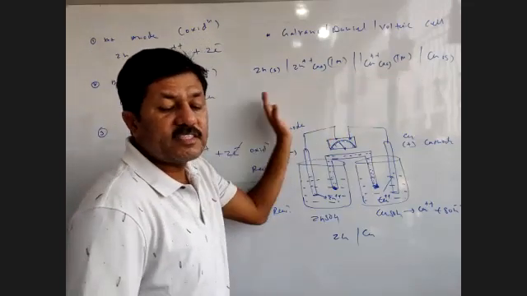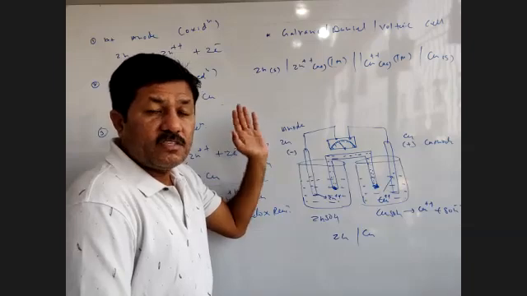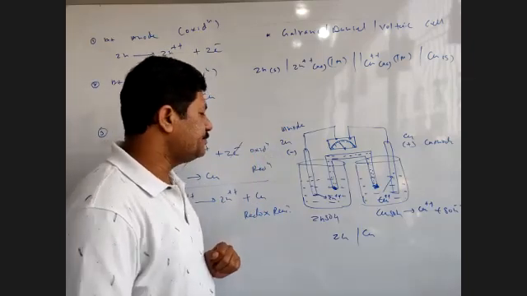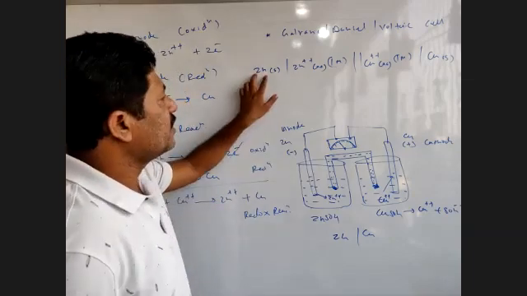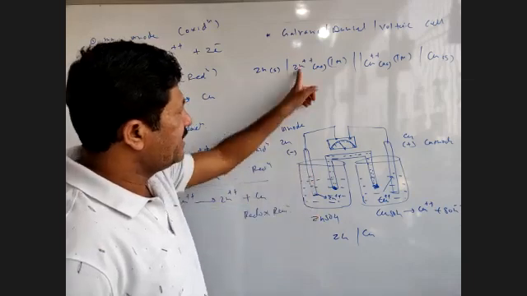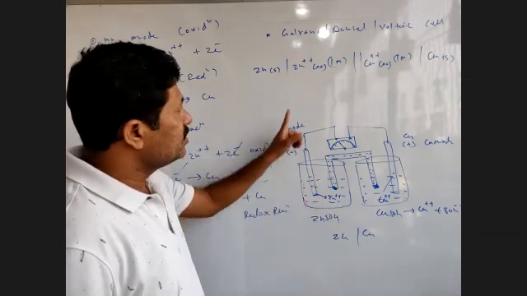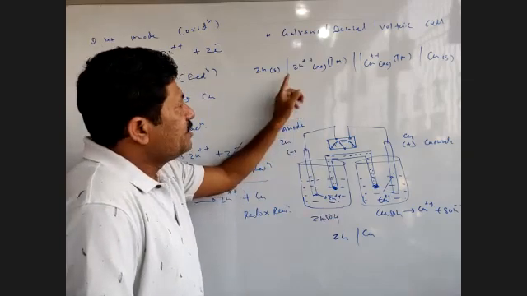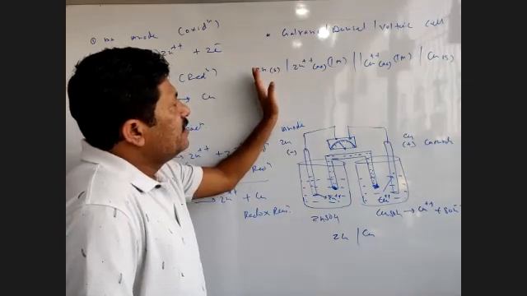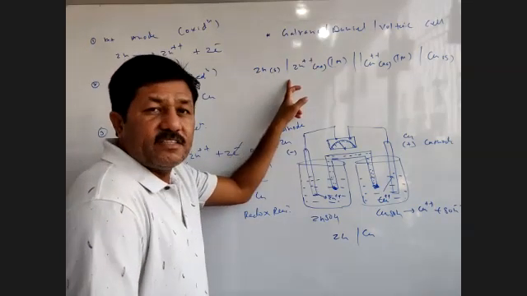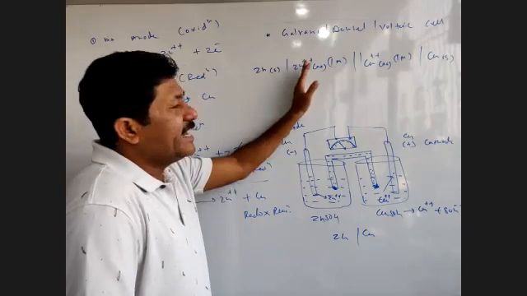So हर चीज का इसके अंदर मीनिंग होता है, हर चीज का एक पर्टिकुलर मीनिंग होता है, इंटरप्रिटेशन होता है. तो क्या इंटरप्रिटेशन है अब देखिए. सबसे पहली बात आती है, this is zinc rod and this zinc solution. So zinc is nothing but this zinc rod and Zn plus is nothing but the solution. So this single vertical line indicates the separation between zinc plate and zinc solution. देखिएगा, single vertical line indicates the separation between zinc plate and zinc solution.